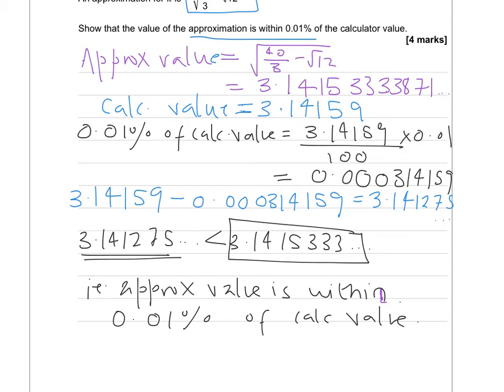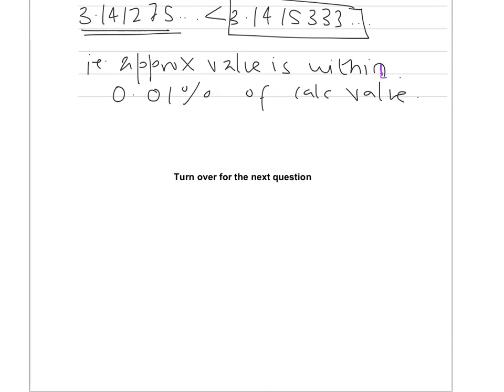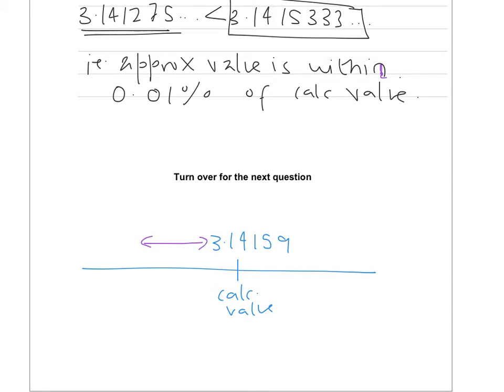So essentially what we've done is, if we have a sliding scale and this is our calculator value of 3.14159, we've worked out that if we subtract 0.01%, we create a sort of 0.01% zone underneath it.